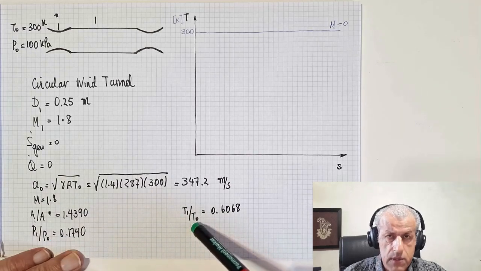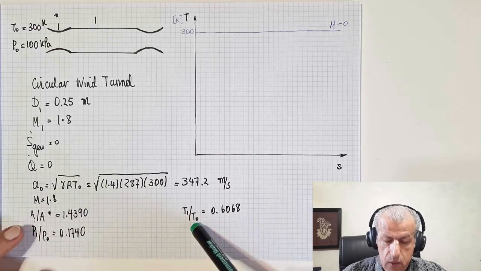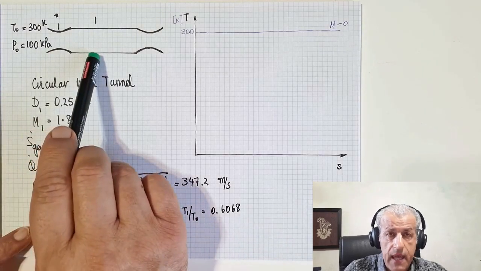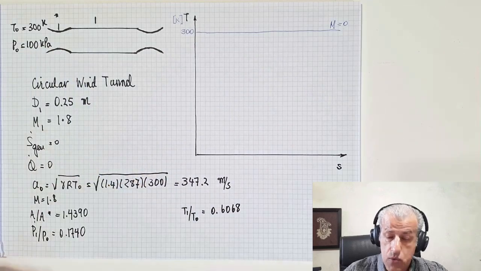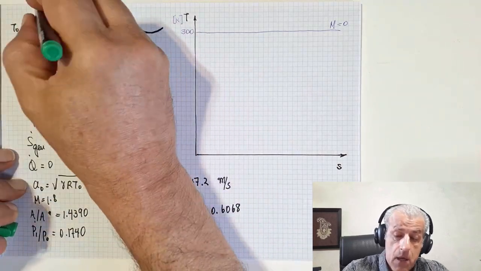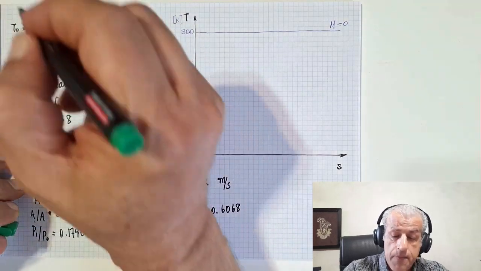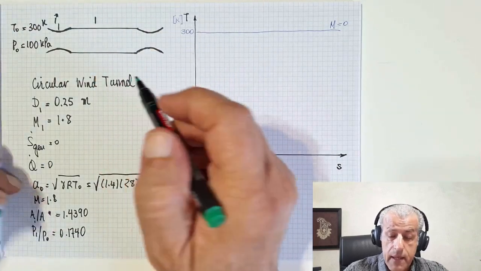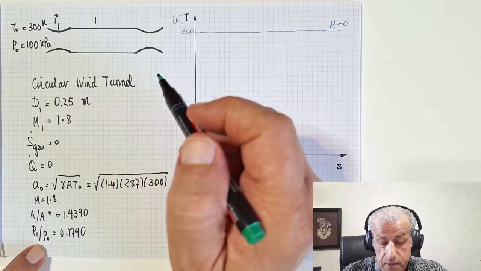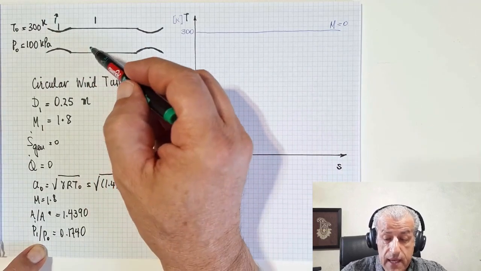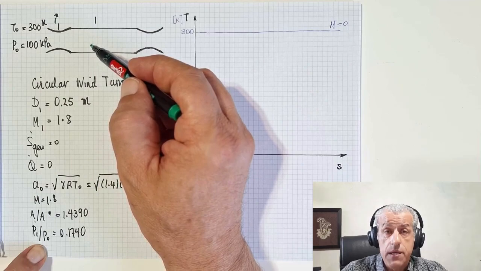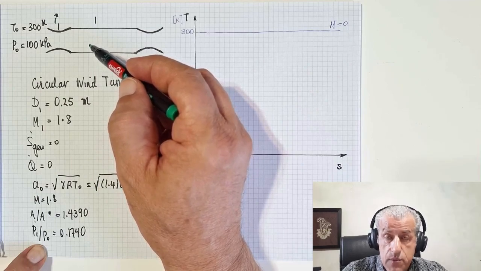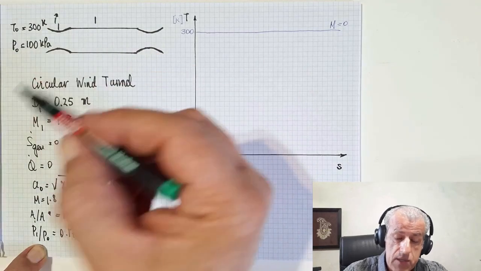Well, I copied these values on my paper: A1 over A star, P1 over P0, and T1 over T0. What do they mean? A1 over A star is the area ratio between this point and the throat. Let's call it 1 star, okay? And P1 over P0 is the ratio between static pressure here and the total pressure here, which happens to be the same as the total pressure here.